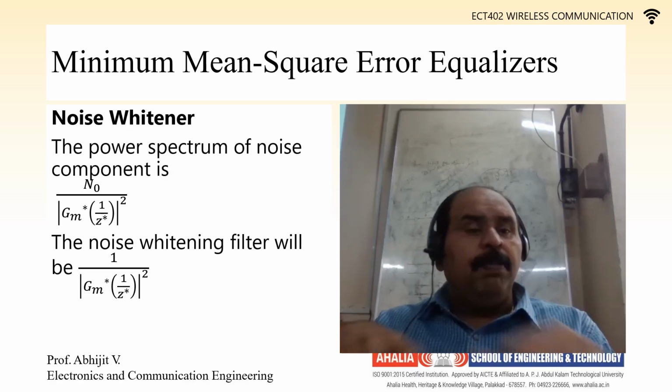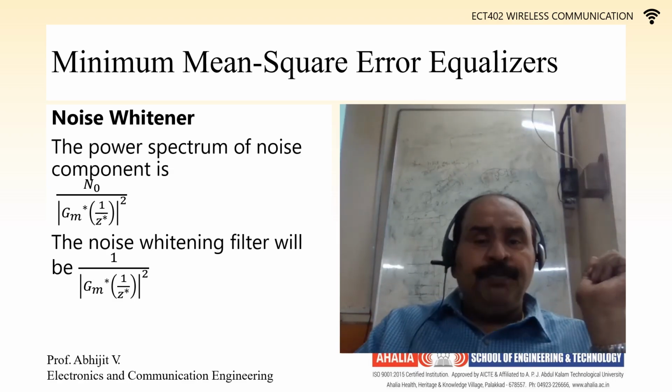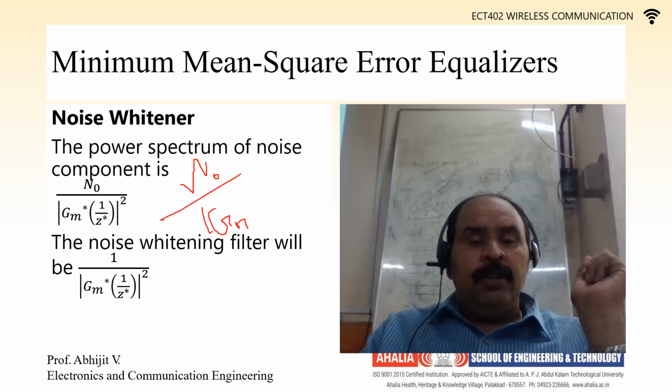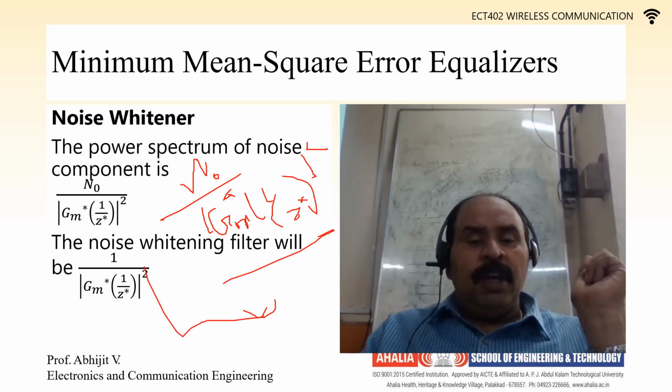So you simply multiply by this, and what will happen is that you get N0 by G_M(1/Z) whole square multiplied by the path 1 by G_M. So both things get cancelled and we get N0, right? That is what we wanted.